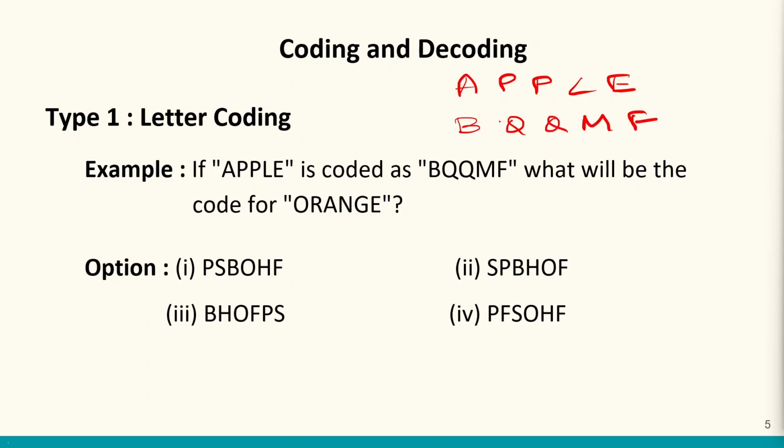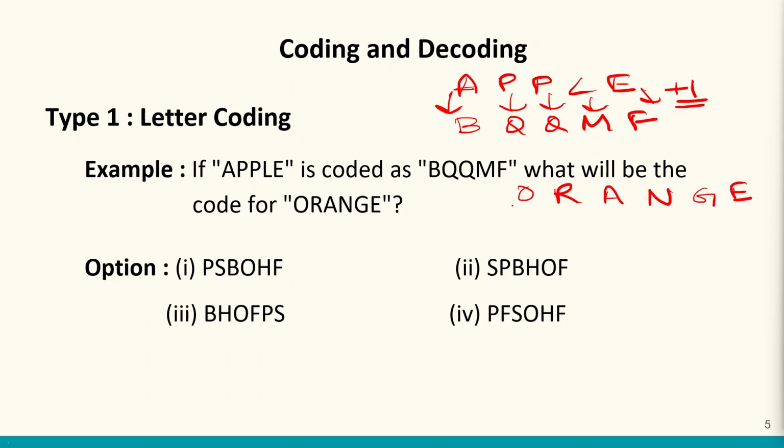Whenever we do this, it is easier for us to solve. I can see that these are moving one position forward. From A we are going to B, P to Q, L to M, and E to F. We are just moving one position forward. This is how this word is coded. So the same logic we will follow for orange also.